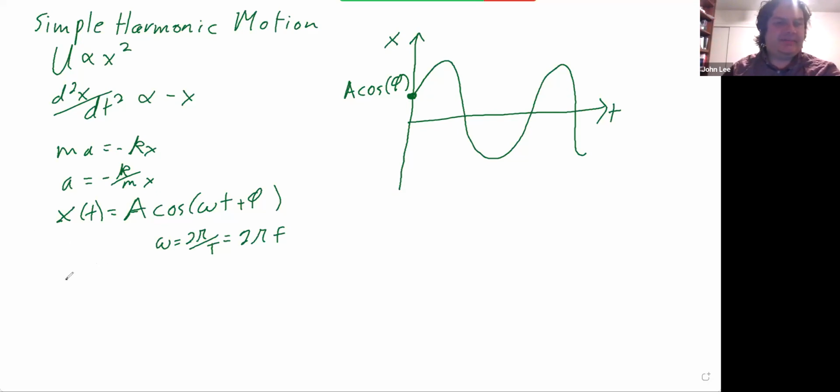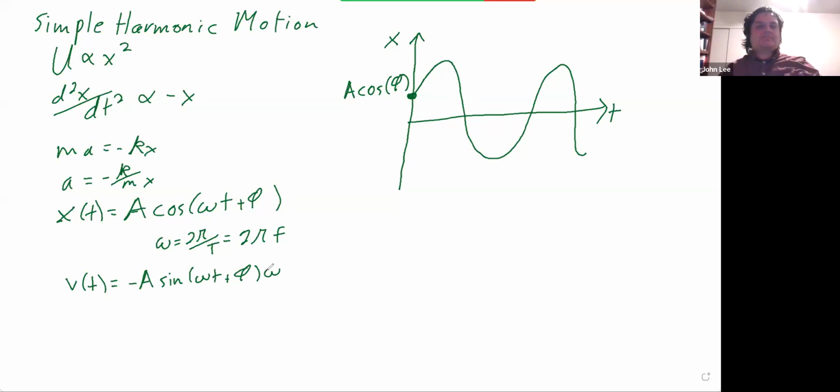And that means that v of t is going to be negative A sine of omega t plus phi, times omega, because the derivative of a cosine is negative sine.